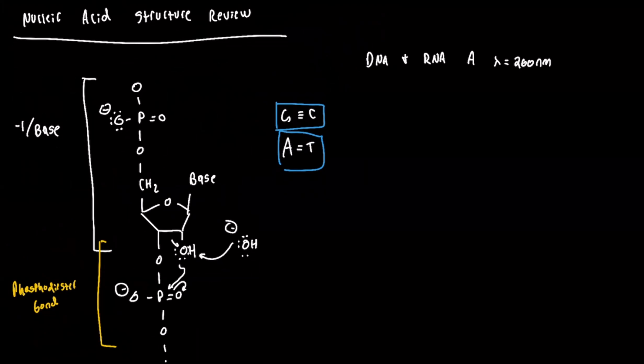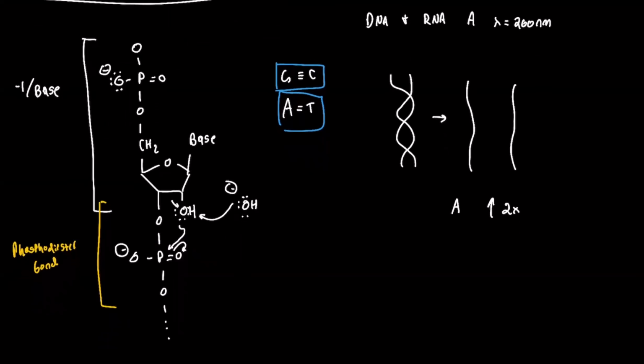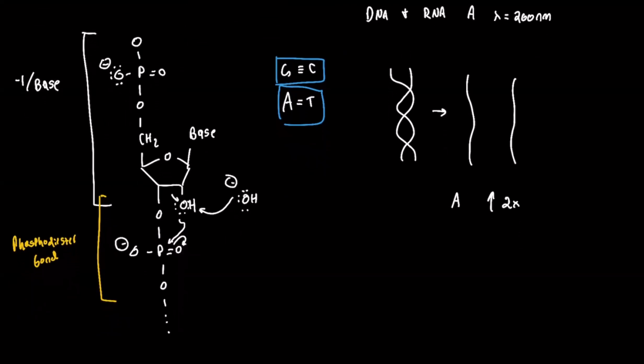Another interesting thing about this though is that if we add a nuclease, so if we start to unzip our double helix, and we just have one strand on one side, one strand on the other, then the absorbance will actually increase twofold. Now, this is because without base stacking, the extinction coefficient will increase.